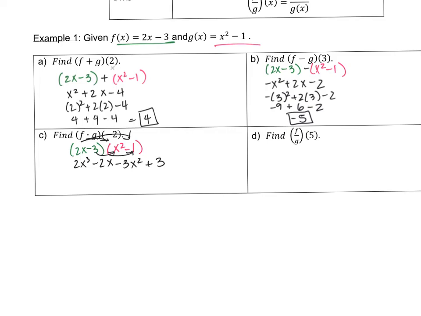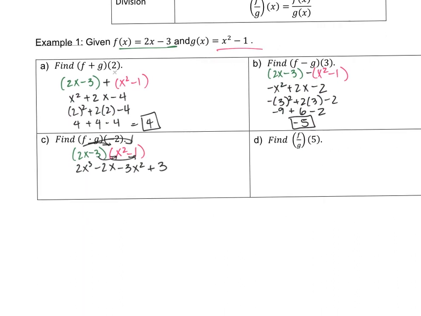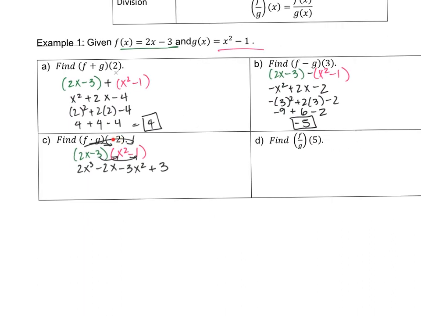I think that's what I got before, so let me double check. Yes. So now we're going to plug in that negative 2 into our equation. So if I plug that in, negative 2 cubed minus 2 times negative 2, minus 3 times negative 2 squared plus 3.